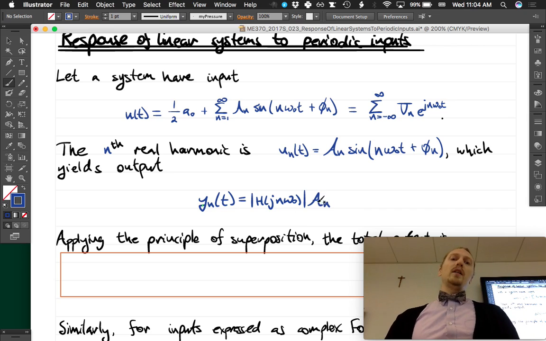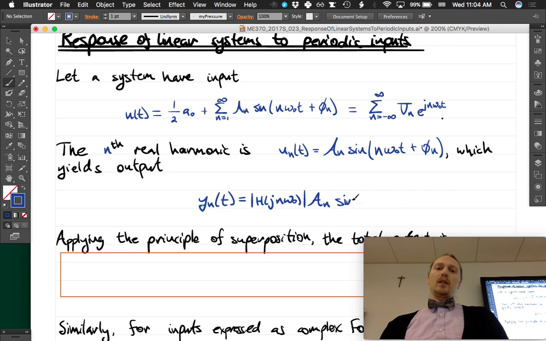So we scale the input amplitude by the magnitude of the frequency response function, okay? And then we have sine of n omega naught t, so n omega naught is also the frequency of the output, right? Frequency doesn't change.